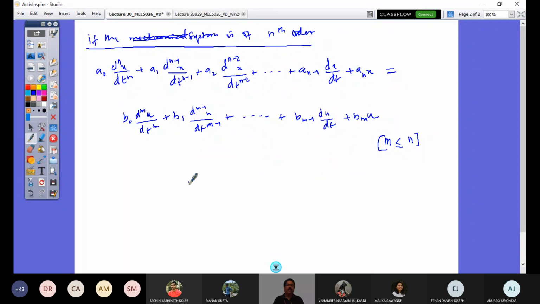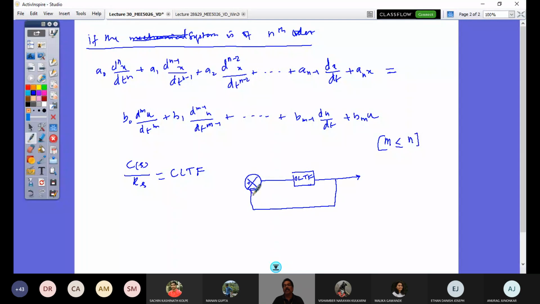So in this case, if I have to get my control system transfer function, that is C of S by R of S, which is my closed loop transfer function. I look at my system with plus minus, and I would have the transfer function here, which I write as the open loop transfer function because I'm not taking any feedback transfer function.